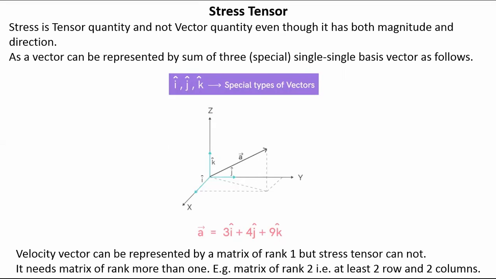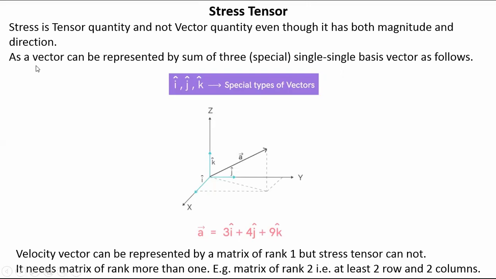Like this, stress is a tensor quantity and not a vector quantity, even though it has both magnitude and direction. Let us say a vector can be represented by the sum of 3 single basis vectors. That means this i cap is a single basis vector, j cap is another single basis vector, and k cap is also another single basis vector.